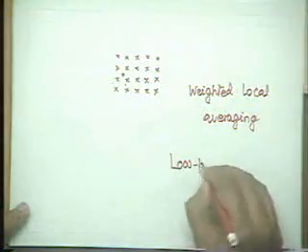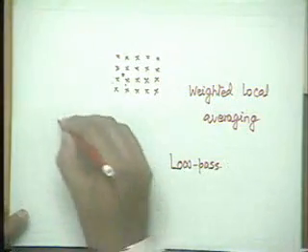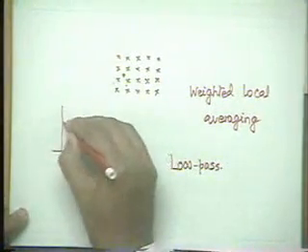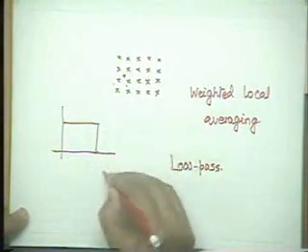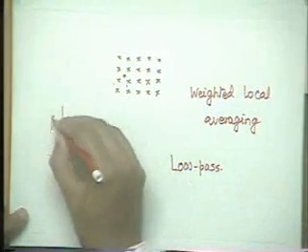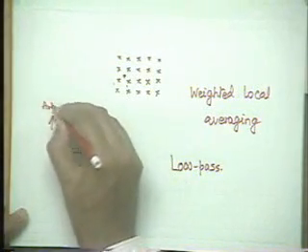That is why I said in the last class that while doing the interpolation, we are also doing a kind of low pass filtering. Now, the analogy is very clear. Like for the time domain low pass filters, we have the frequency on this axis and amplitude on this axis.